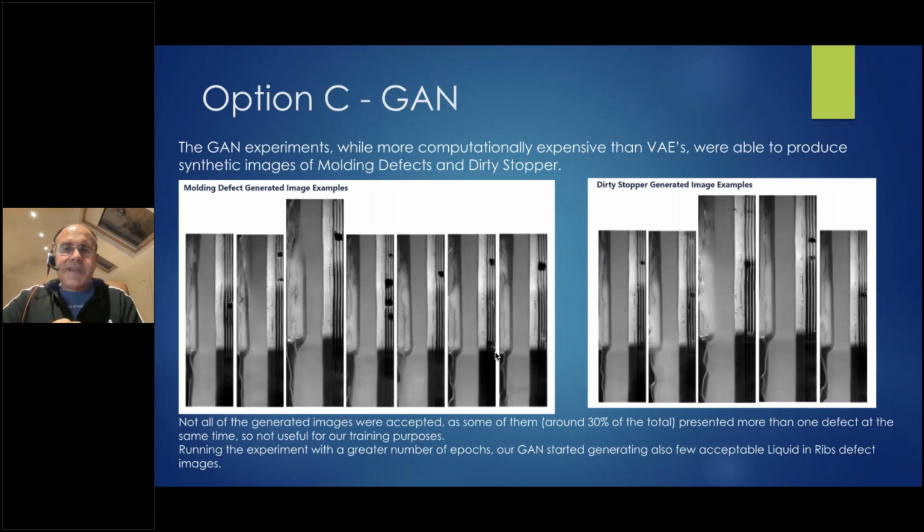All the images you see in this picture are deep fakes of defective prefilled syringes. Of course, all the images we generate are similar to those after preprocessing. We are not generating noise or regions that are not of interest from the raw images. This experiment was more complex.